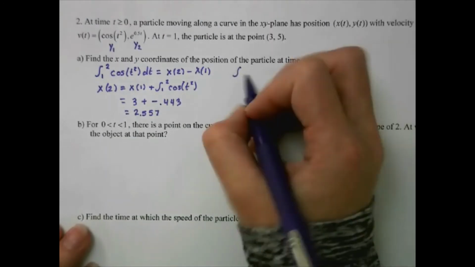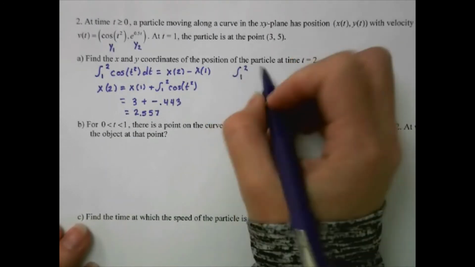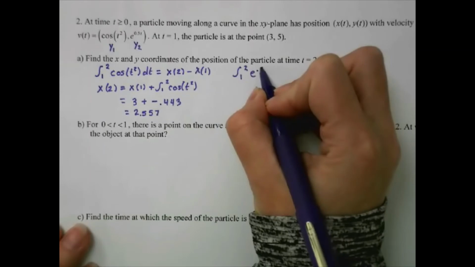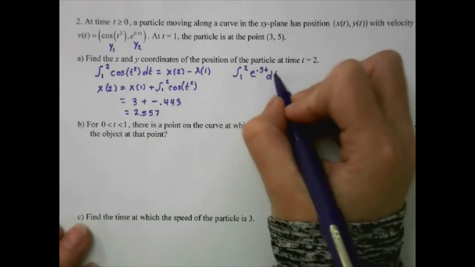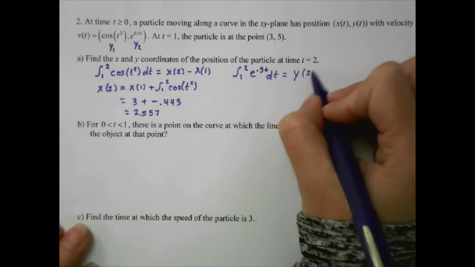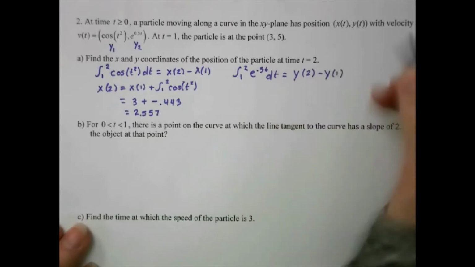The y is going to be similar, so we're going to go from 1 to 2 of e to the 0.5t, which is going to give me the y value at 2 minus the y value at 1.